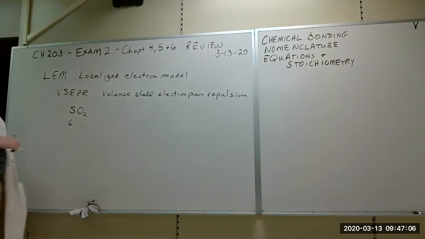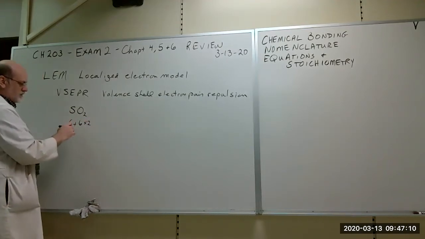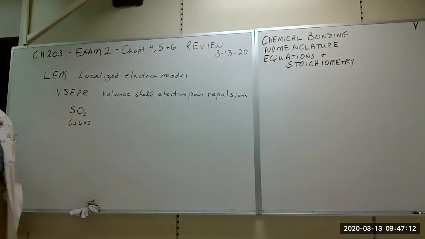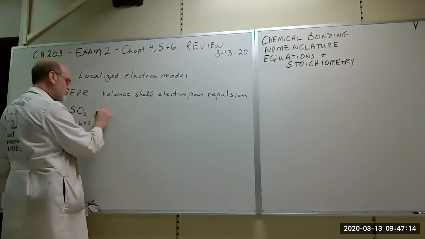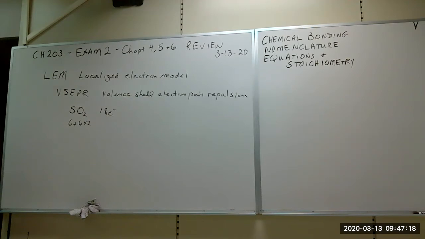Oxygen's in the same family, so it has 6 times 2. So 3 times 6 is 18. We have 18 valence electrons, and the valence electrons are the only ones you're concerned with because they're the ones involved in bonding. Core electrons, just forget about them.